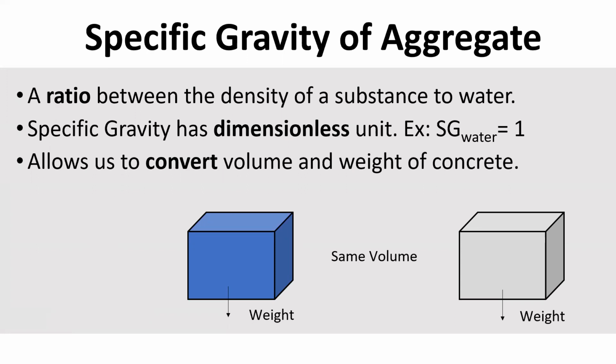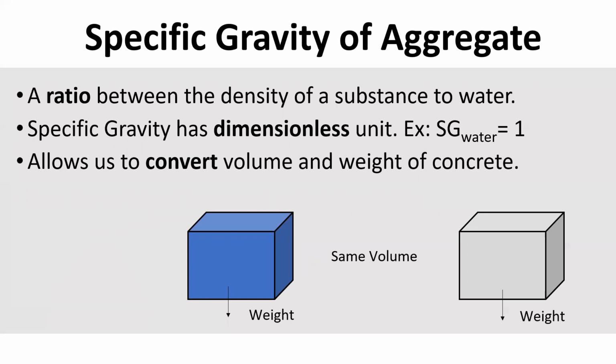For aggregate, it's how much more dense aggregate is than water. If you talk about cement, the specific gravity is 3.15. So 3.15 times is the density compared to water. So cement is more than 3 times as dense as water.